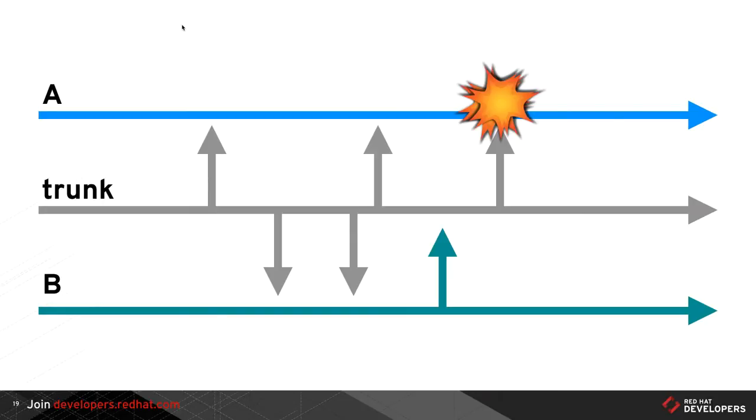The problem with that is that you were performing continuous integration of your feature branch A against the trunk, and the team developing feature branch B was also performing continuous integration with the trunk. But when the team developing feature branch B decides to merge their changes into the trunk, on the next continuous integration cycle that you have in your feature branch A, you just received like 1,000 commits.